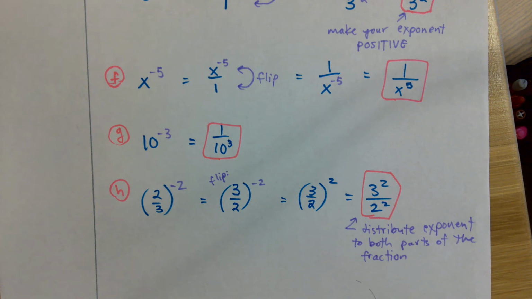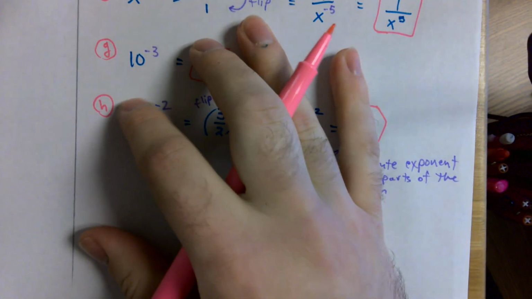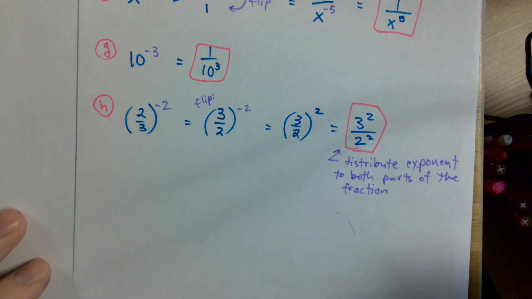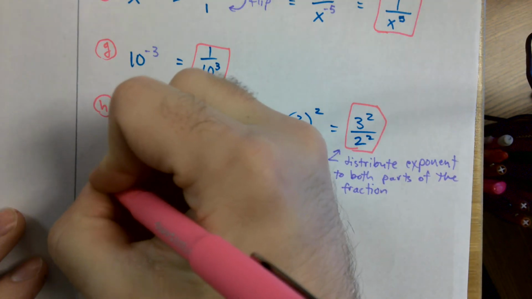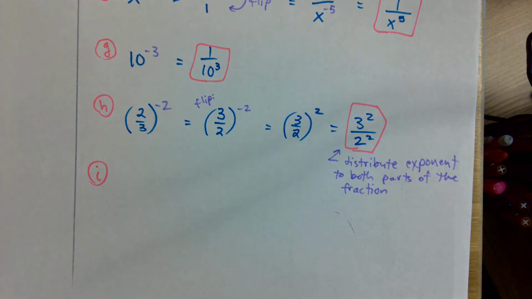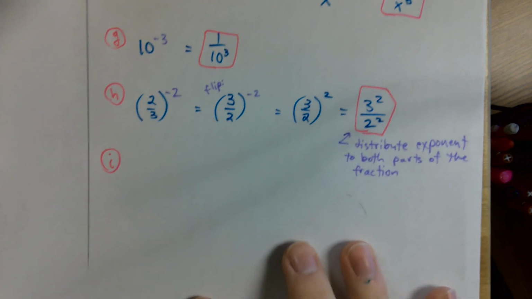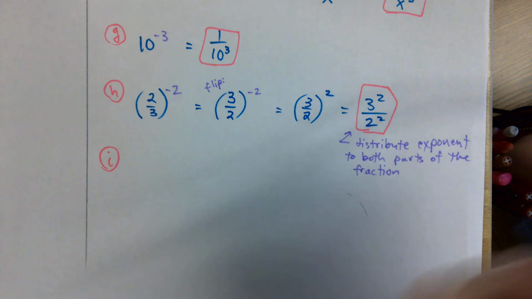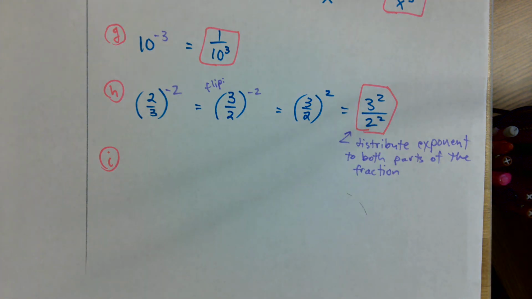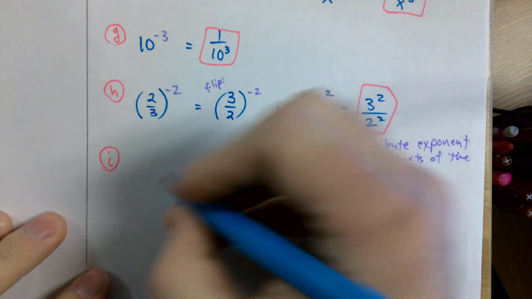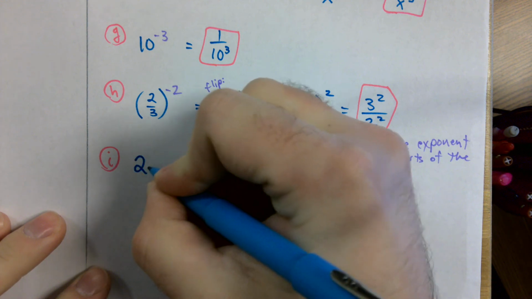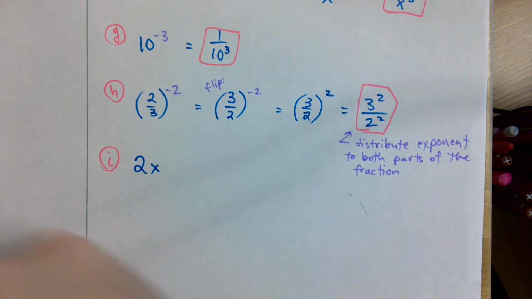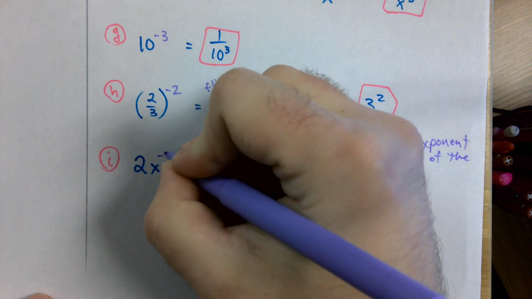Okay. Last example, and then we'll get right to work. Told you it wasn't going to take very long. A, B, C, D, E, F, G, H, I. Okay. Sorry. I don't know my alphabet. Example I is, let's do 2x to the power of negative 3.